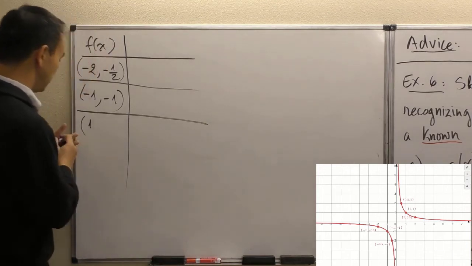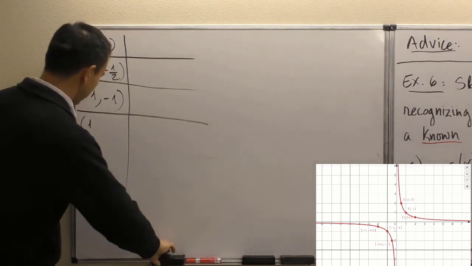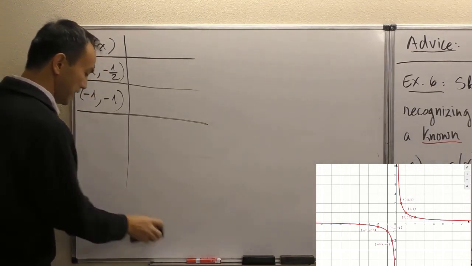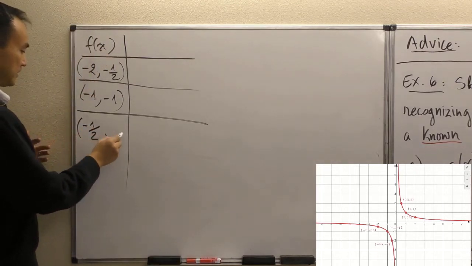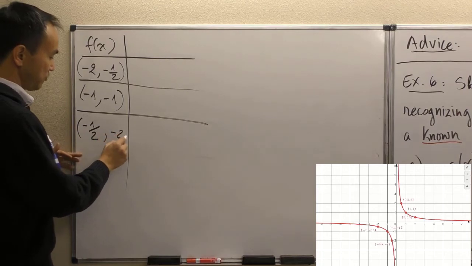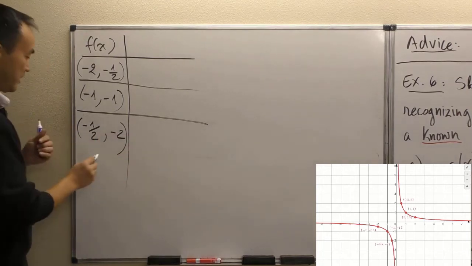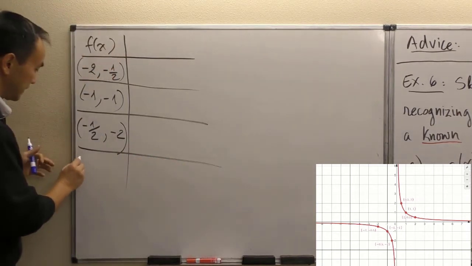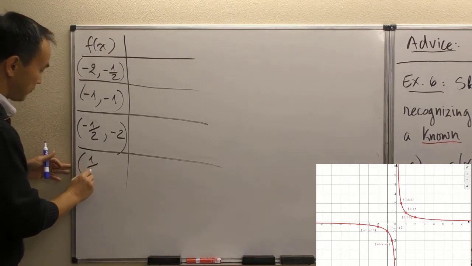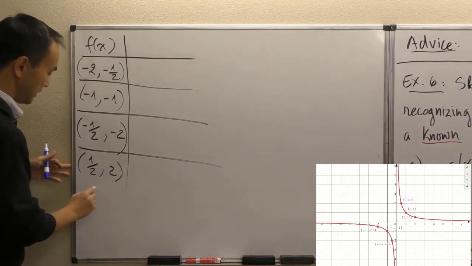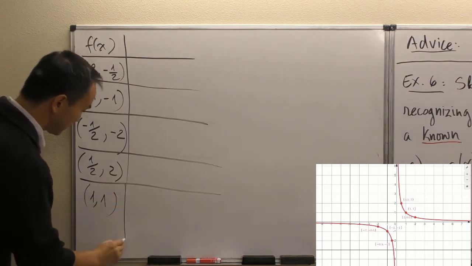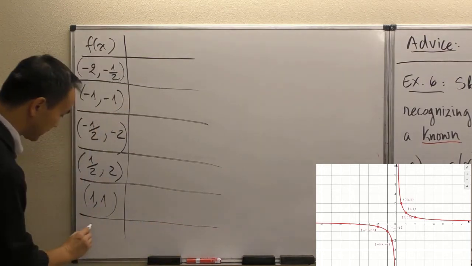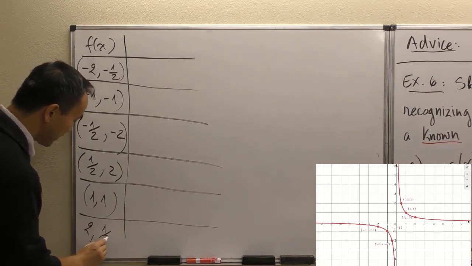And actually, we can have another. The next guiding point I see on my list is -1/2, comma, -2. Okay, and then the next one down I have +1/2, comma, +2, and then I had 1, comma, 1, and the last one I had on my list there is 2, comma, 1/2.